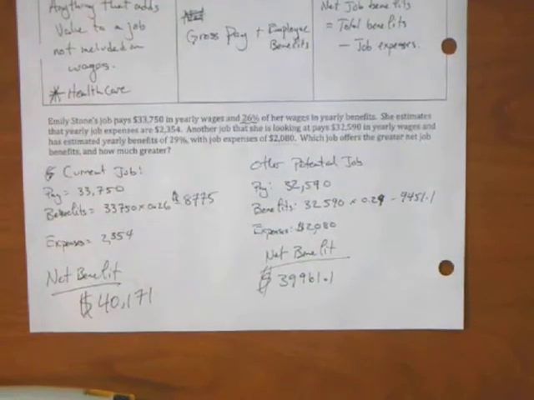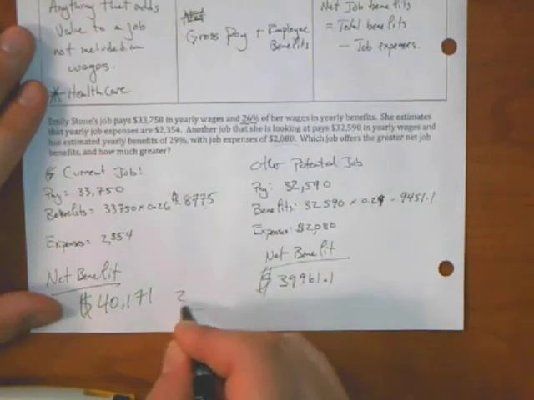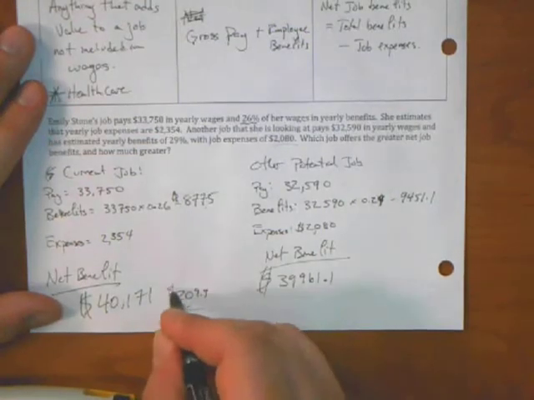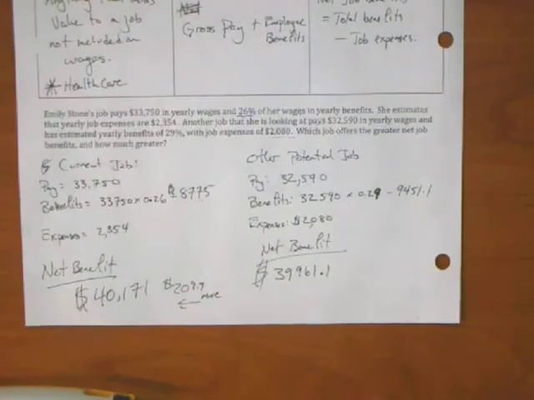They're real close. But it still looks like her current job is a little bit more. And in fact, the current one is $40,171 minus the other one. It's a couple hundred dollars. She's actually going to benefit by about $210 more by staying in her current job, in this case.